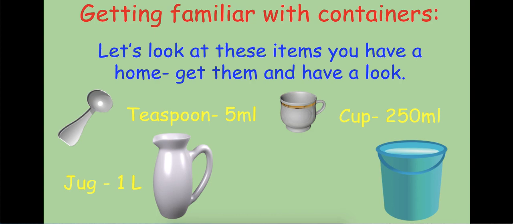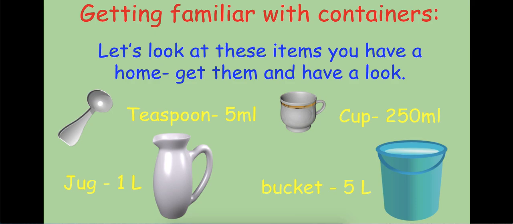A bucket, again, you can also get big buckets and small buckets, but the bucket that mommy uses to clean the house is generally 5 liters. So if we have a look at these items that we have at home, these are different containers, and generally they carry the same amount of capacity when we're measuring in mils or liters.